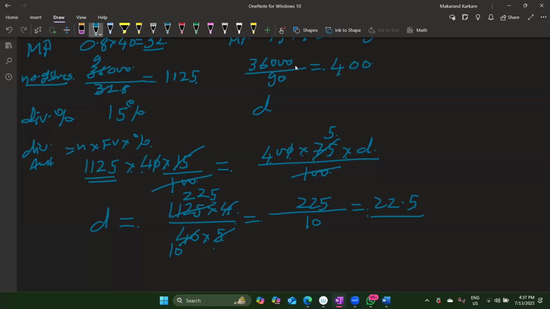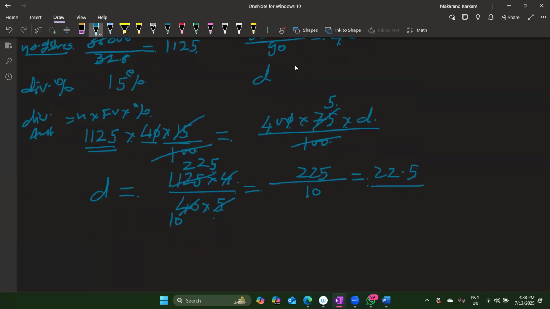Yes. Face value is 40. Yes. Dividend is 15. Yes. And the second guy got 400 shares at face value 75. Yes. And we want to calculate dividend percent. Okay, sir, I got my mistake. I did not take it upon 100 into account in the average. Okay. Fair enough.